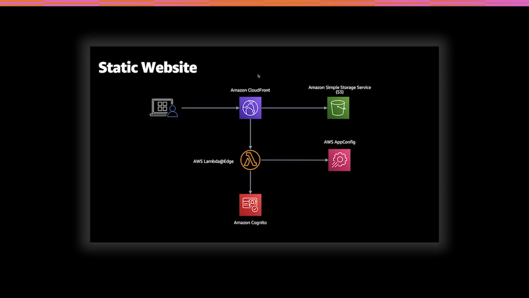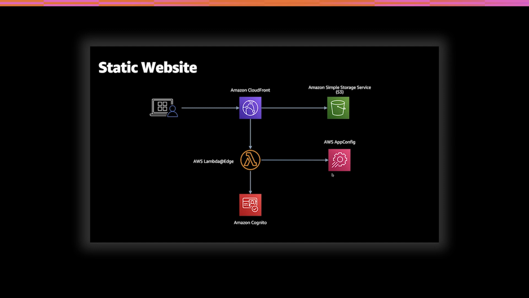Okay, so what we're building is a static website where the assets are hosted in an S3 bucket and served by Amazon CloudFront. Then we're also going to be utilizing AWS Lambda at the edge, Amazon Cognito, and AWS App Config for authenticating and authorizing users. When a user attempts to access our website, Amazon CloudFront will redirect the request to our Lambda at the edge functions, which will authorize the user with Amazon Cognito, and then we'll pull an allow list configuration from AWS App Config.